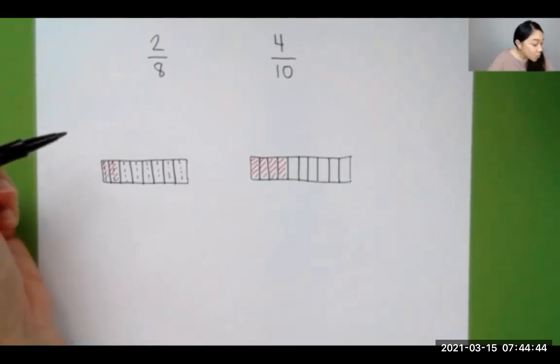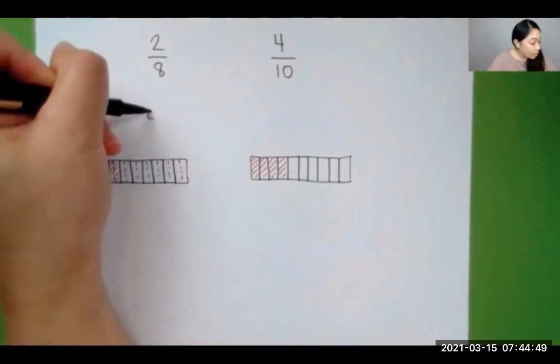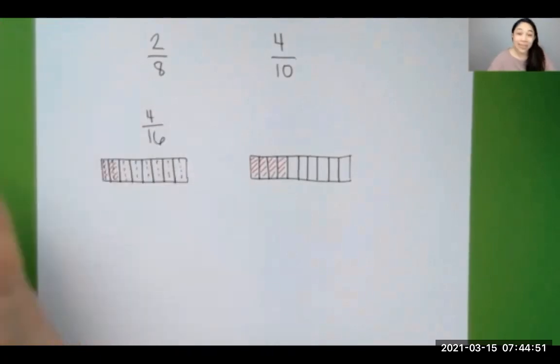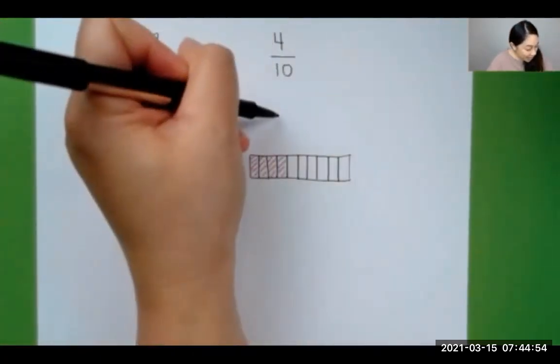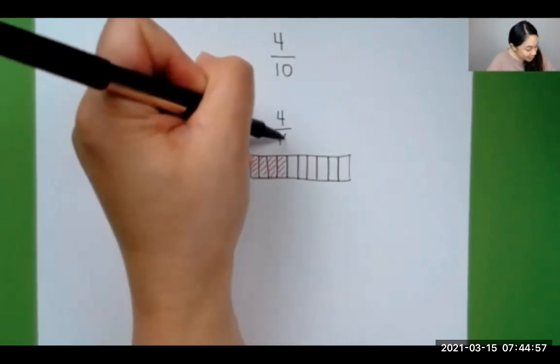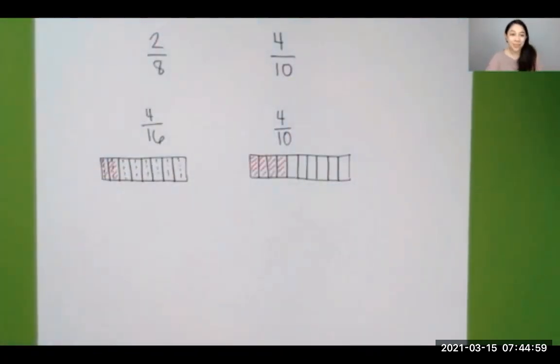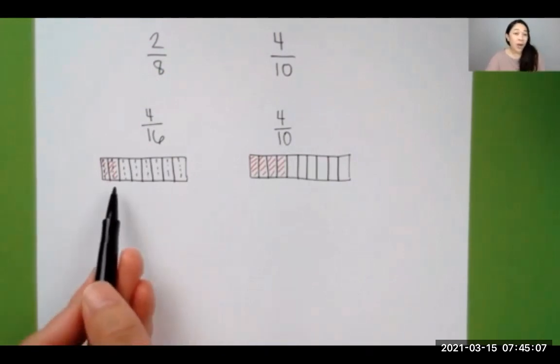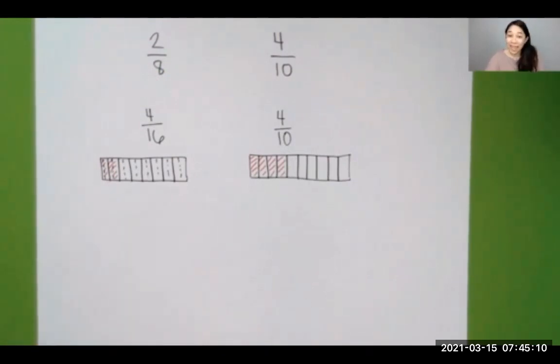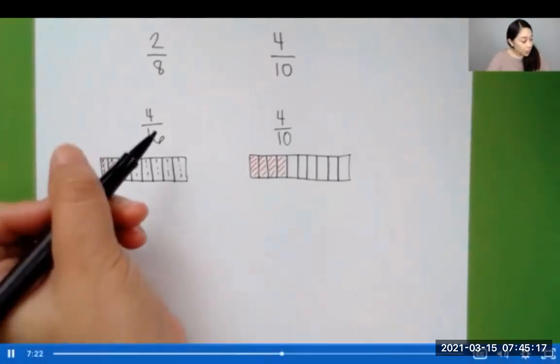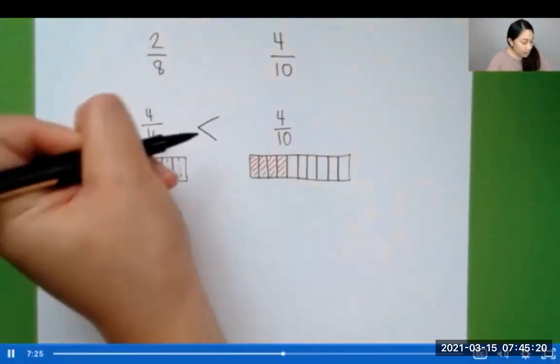Now we can see that the numerators are the same. So we're now going to compare 4/16 and 4/10. We can see that 4/16 is less than 4/10, since 16ths are smaller units than tenths. I can compare the size of the units because the numerators are the same. So 4/16 is less than 4/10.